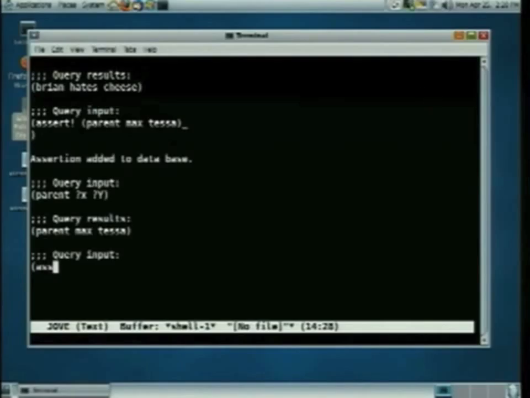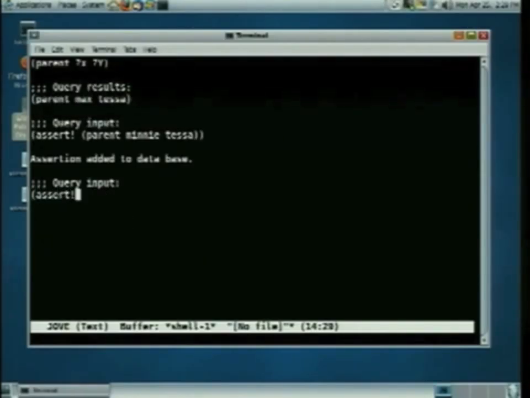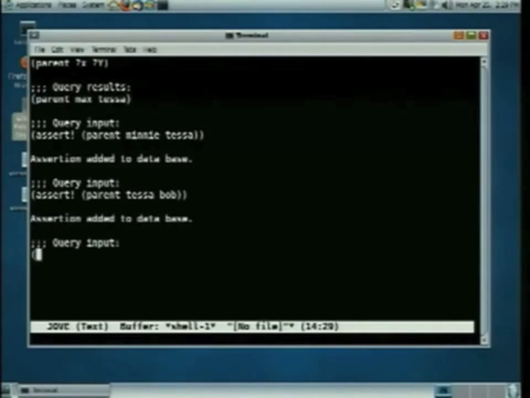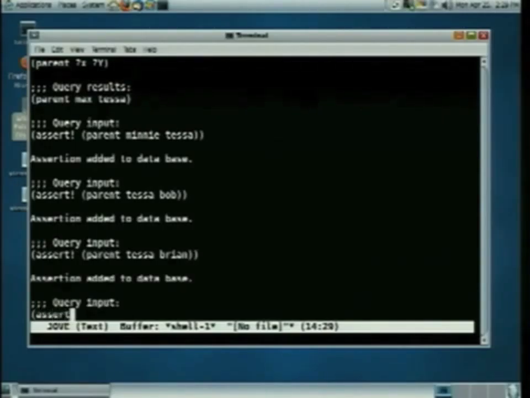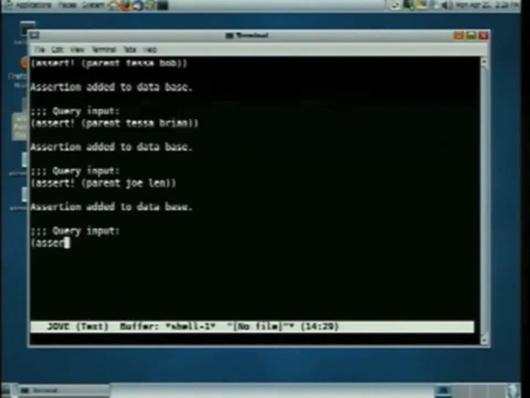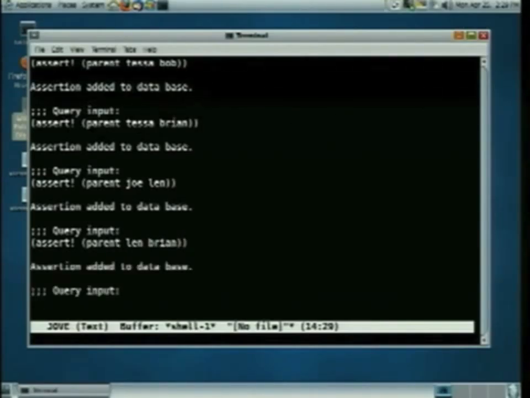Okay. Right. So so-and-so is the parent of so-and-so.